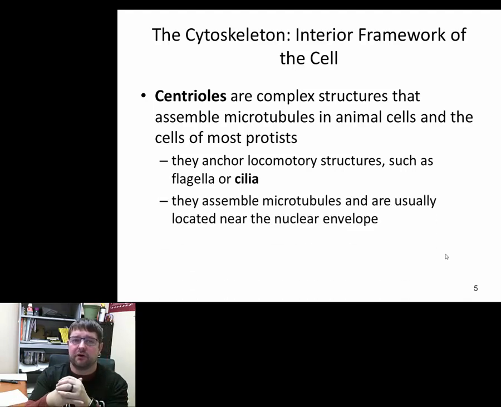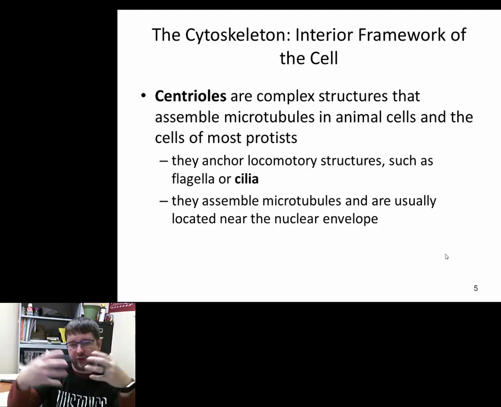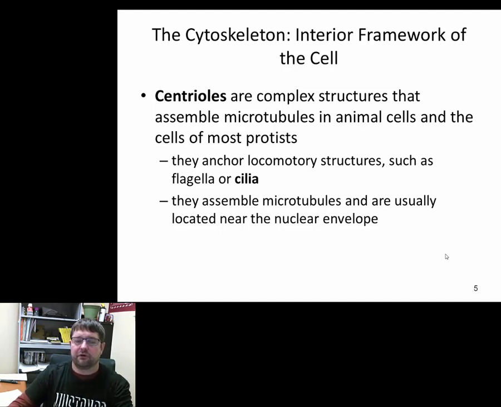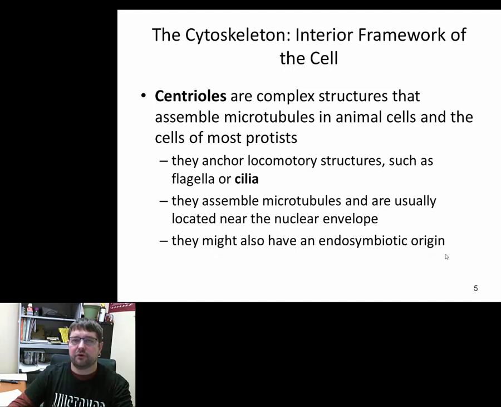And then I've already talked about their role with microtubules and assembling spindle fibers to attach to chromosomes. So it's pretty important that they're next to the nuclear envelope. The other thing that we're not definite on, but there's pretty good information suggesting, is that centrioles had their own DNA at one time.